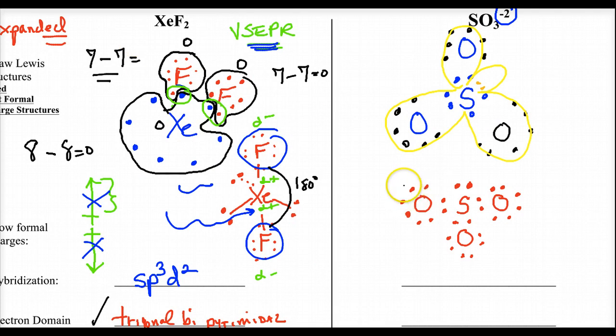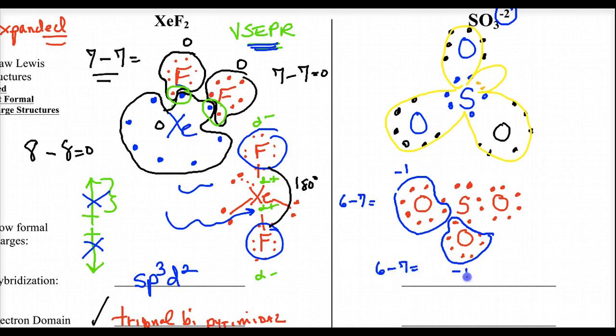So this oxygen, it has all of its lone pairs, half its bonding, and we get 1, 2, 3, 4, 5, 6, 7. So 6 minus 7 is the assigned. This is a -1. This oxygen has the same scenario. 7 assigned electrons, that's all of its lone pairs, half its bonding, and we take its valence, which is 6, minus its 7, we get the -1 also.